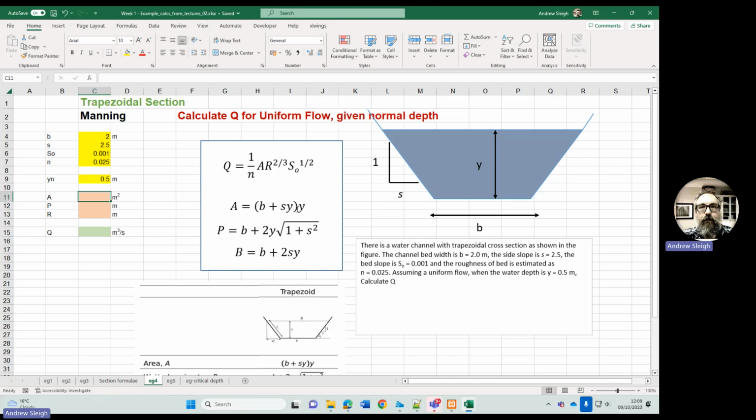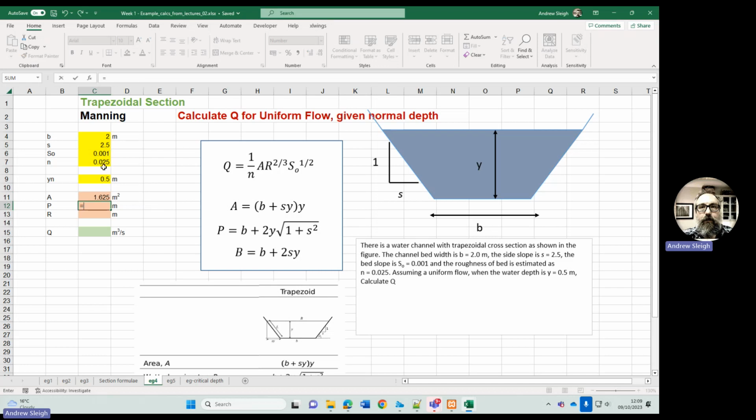So the area is this formula. I'm going to need some brackets here. B plus side slope S times the depth, times the depth. Area is 1.625.